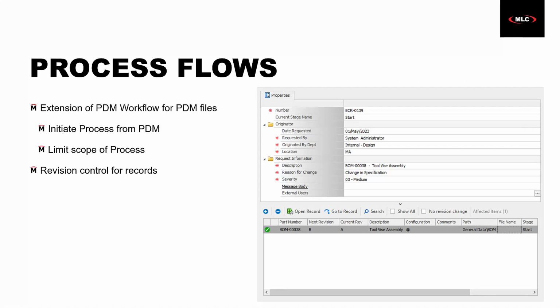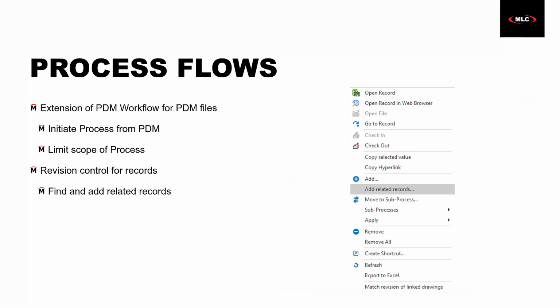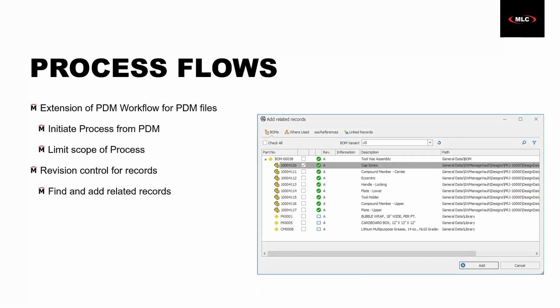Now, instead of having to go find the CAD data that is used by this bill of materials, Manage does offer some tools to help us find these related documents. So just by using this add related records, it'll actually give us the entire structure based on the where used or based on the actual bill of materials structure. And I'll be able to add these directly from here. And here I'm going to add this cap screw.